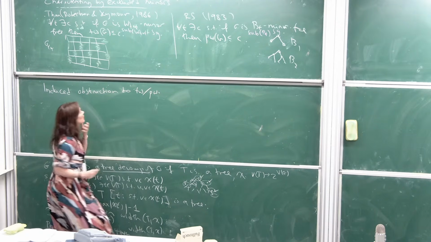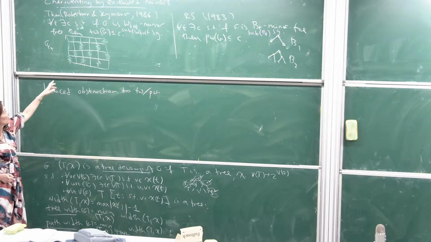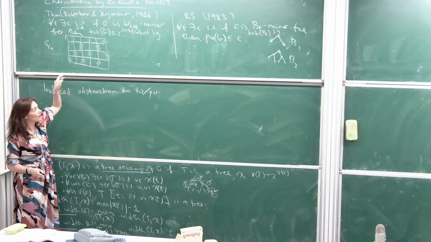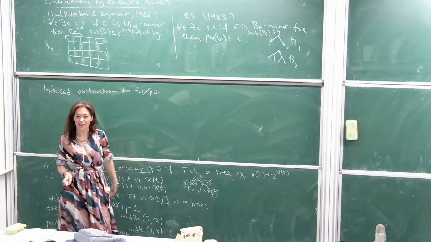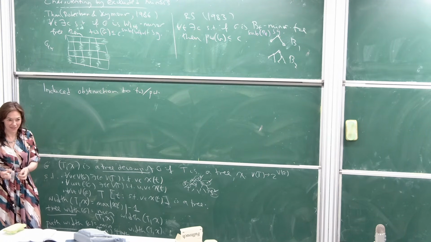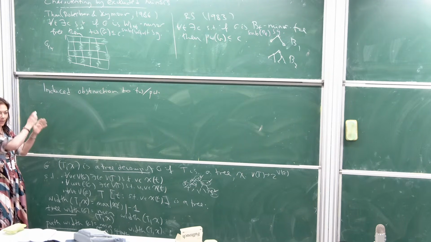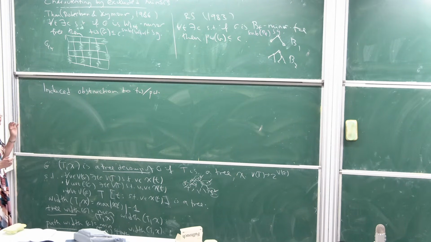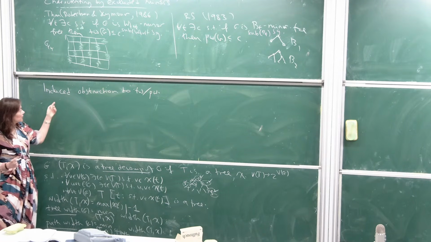One thing I should say, this is best possible because the wall has large treewidth and the tree has large path width. So if I don't exclude any wall, then I'm going to have a class with large treewidth. If I don't exclude any tree, then I'm going to have a class with large path width. So somehow this is best possible.